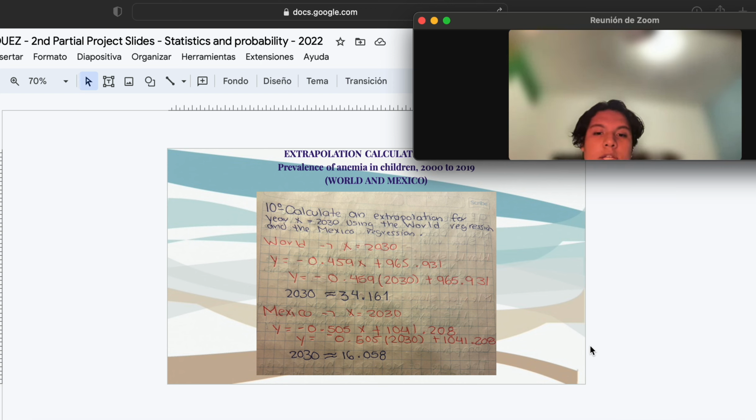We do the calculation and it's approximately 34.161. For Mexico it's the same: we take the linear equation and substitute 2030 for x, so it is minus 0.505 multiplied by 2030 plus 1041.208.